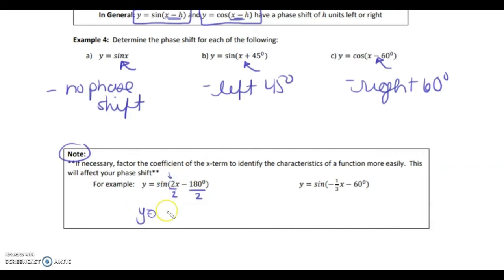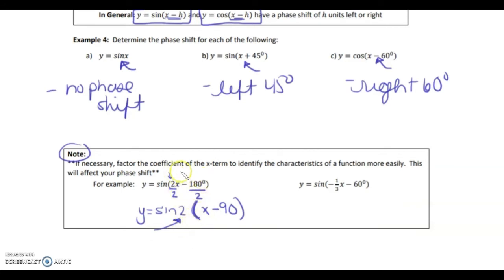So we would get y equals sine 2 bracket, and we always want it in this form where there's a bracket and an x right inside the bracket, minus 90. So in an equation, you're still going to be able to identify that's a horizontal compression by a factor of 1/2.